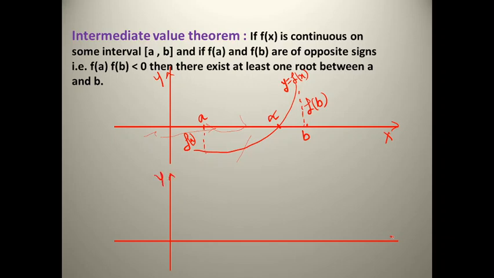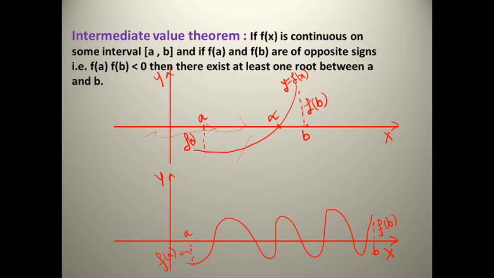So let's see another possibility. Say for example, I have a curve of this form, and I am taking two points A and B. This is the point A and this distance is f of A. Similarly, here I am taking the point B, and accordingly we will have f of B, the distance of the curve from the x-axis.